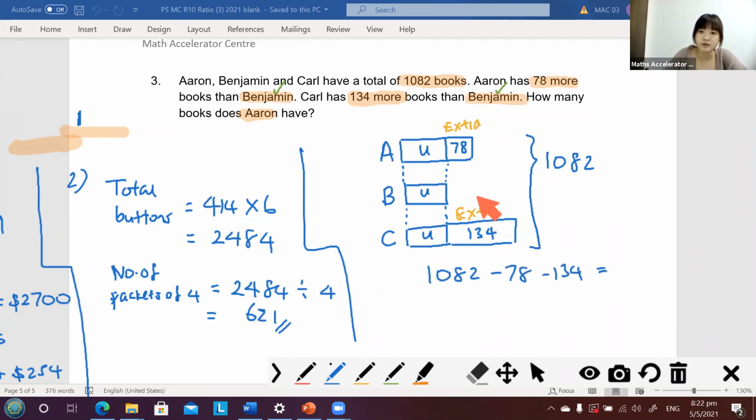You can also add it up first, then you minus. It's also fine. What would this get you? Okay, thank you, 870. So this 870 will be equals to the 3 units. So 3 units is 870. 1 unit, we divide by 3. What will this get you?